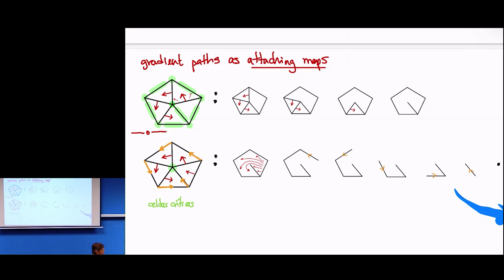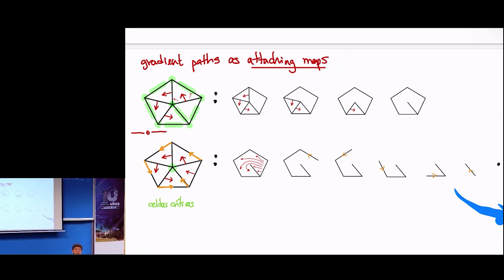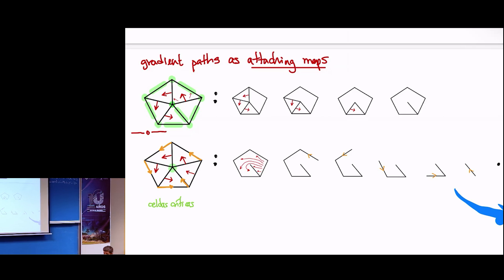And many times your simplicial complexes are not as simple as what you see here. The whole idea is that you want to do this algorithmically, and for things that are really huge. Even if you have computers, you want to simplify your work and be able to do it.